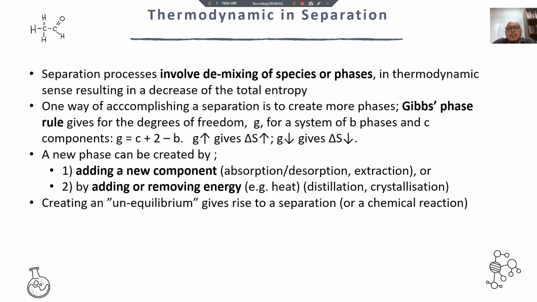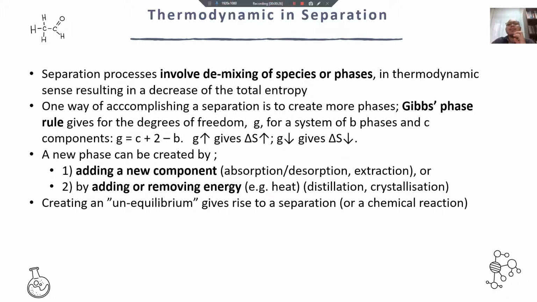Right, so now we need to know why the thermodynamics is related to separation. Separation actually involves the mixing of species or phases. Usually we try to make sure that particular species is not static in one place.